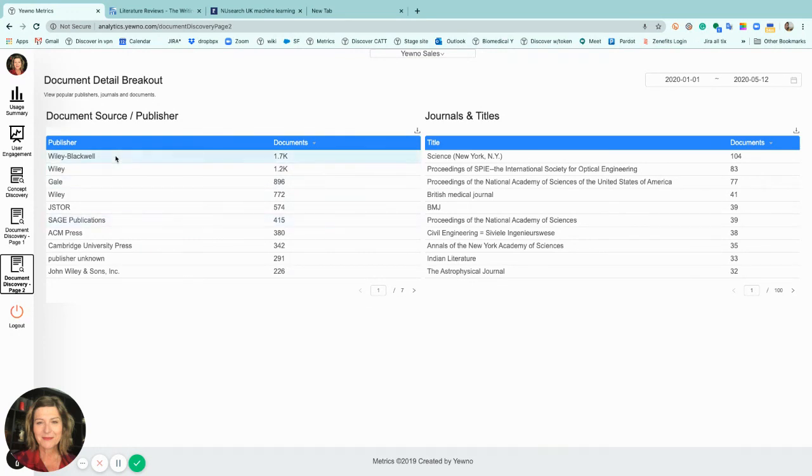And we have Wiley Blackwell, Wiley, JSTOR. So some of them are aggregators, some of them are individual publishers. And then here is a listing of all the different journal titles. So there's 100 pages of journal titles that you can look at. And again, all this information you can download.